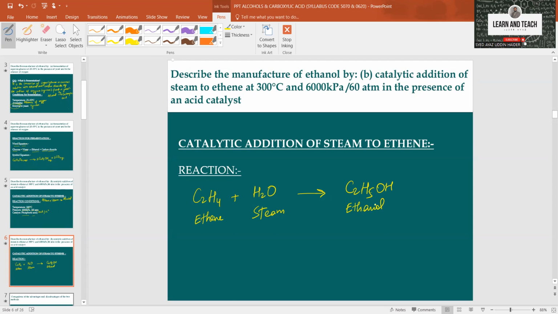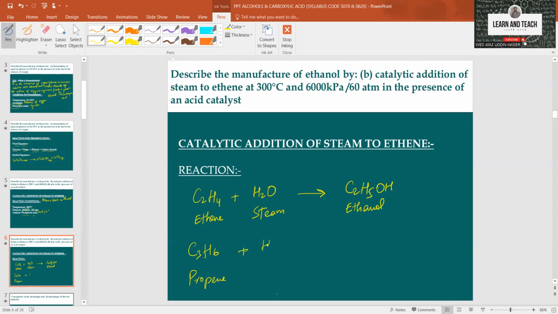You can make other alcohols also by adding steam to other alkene. For example, if I'll take propene, the formula of propene is C3H6. This is propene.